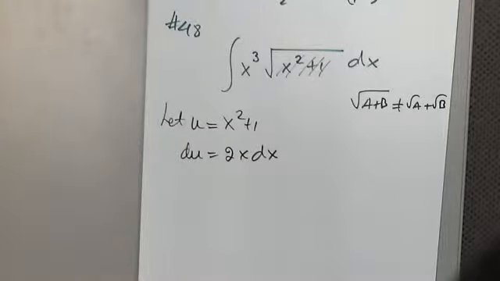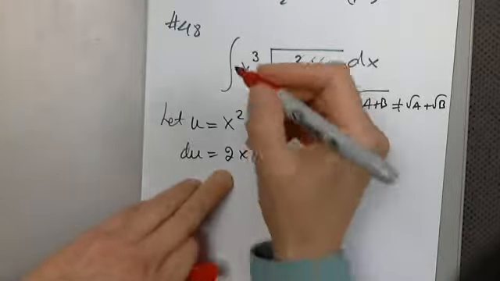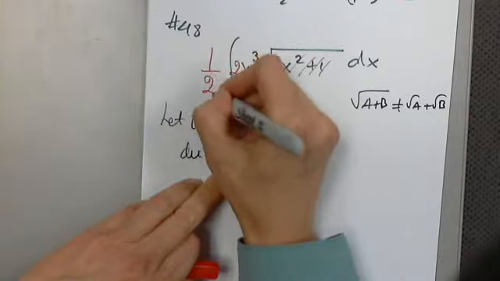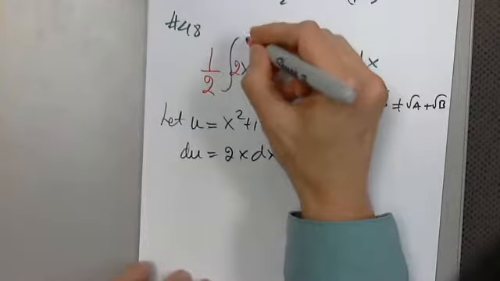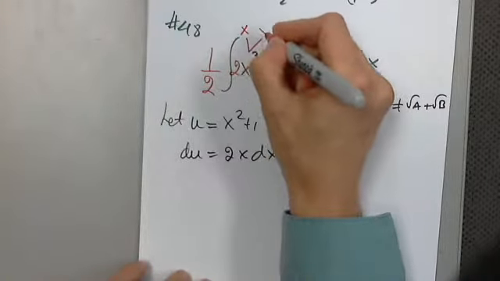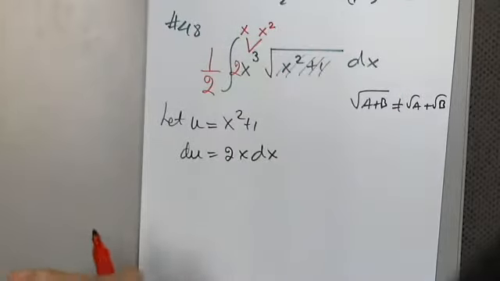Now let's see what we have. I have to make up this 2. Not a problem. 2 times 1/2 is 1. I also have to look at this carefully and say, oh, x cubed can be split into x and x squared.